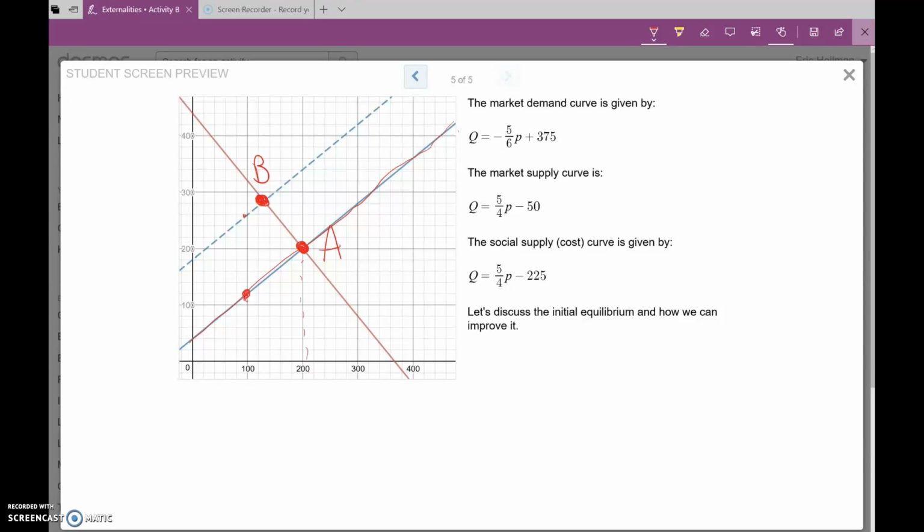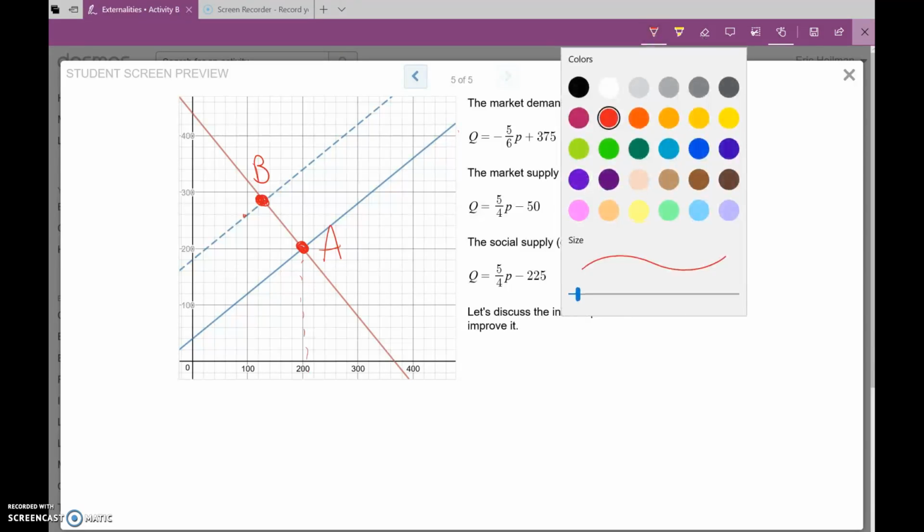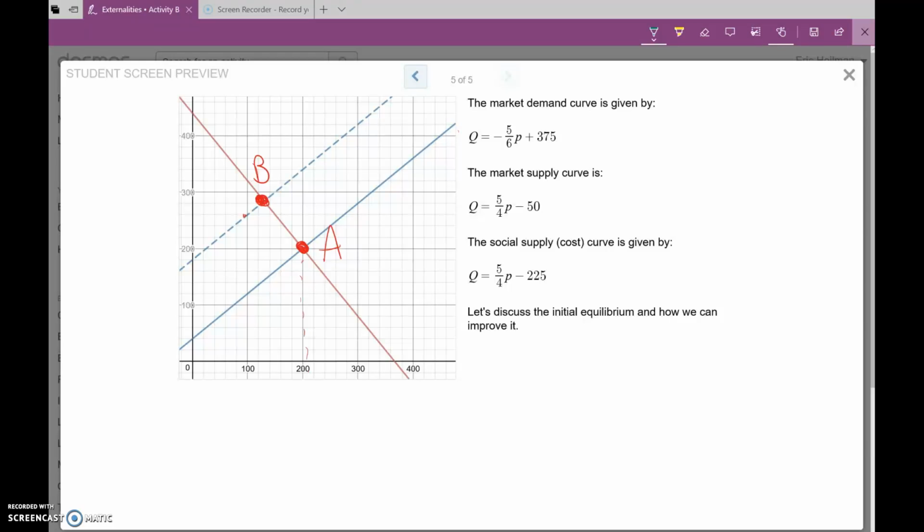So as it turns out, correcting externalities is another way where taxes and subsidies can come in handy. So here, if we look at this scenario, if we leave the market by itself, we will end up overproducing this good. We'll be producing 200 units, and that's more than the socially optimal amount. So we could, if we wanted to try to move the market to point B instead of point A, impose a tax on the producer.